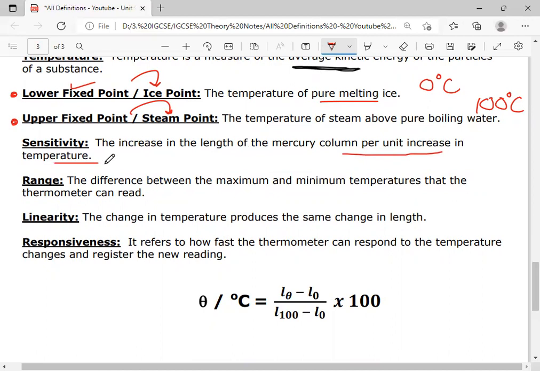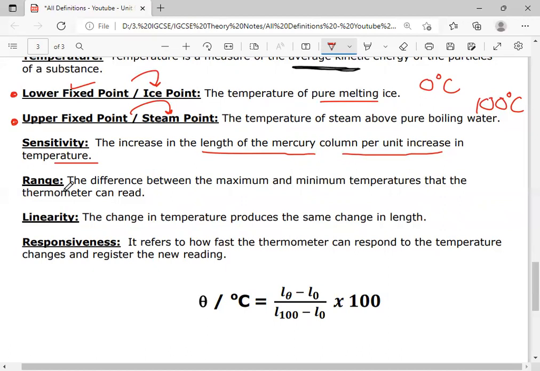What is the definition? The increase in length of the mercury column. Increase in length of the mercury column means how much the mercury expands per unit increase in temperature. So per degree increase in temperature, what will be the increase in the length of the mercury column.